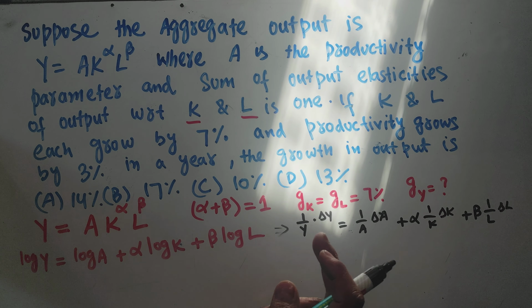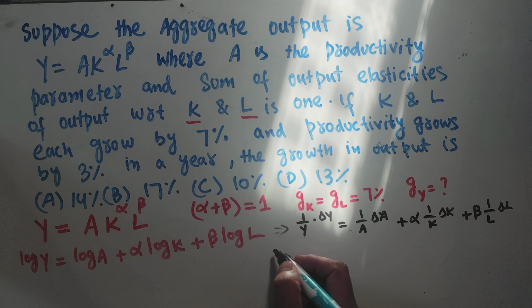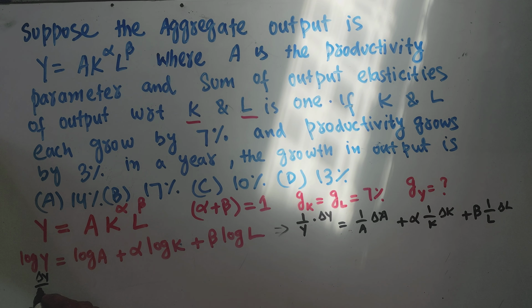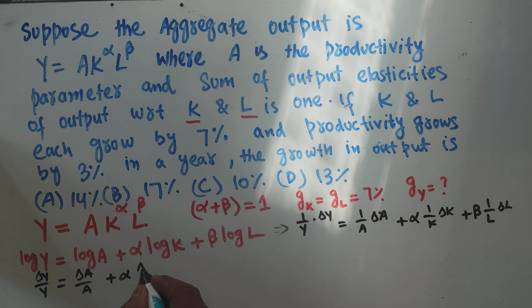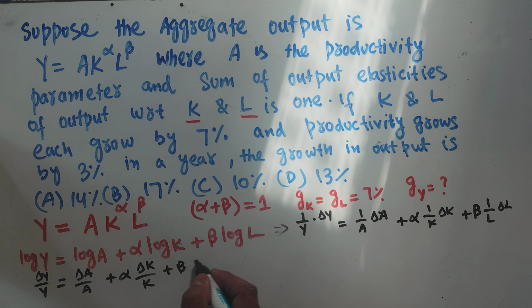Making things simpler, we get del Y upon Y equal to del A upon A plus alpha times del K upon K plus beta times del L upon L.